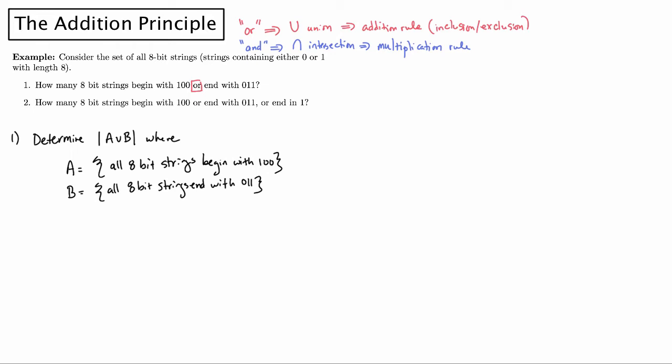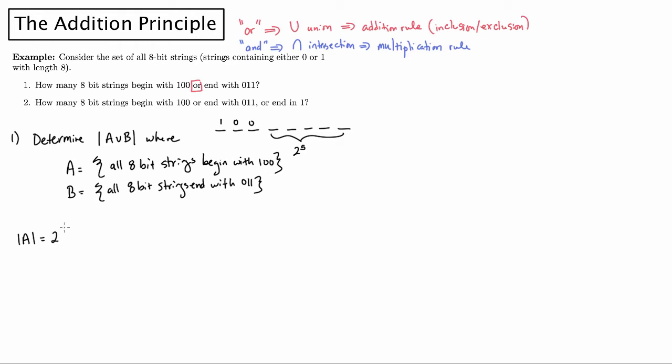Well, let's start with the size of A. Here we're looking at all 8-bit strings that begin with 100. So if I consider 8 slots, and I know it has to begin with 100, then that leaves open 5 slots where there's 2 options each, or 2 to the 5th total ways to fill in the rest of the string.